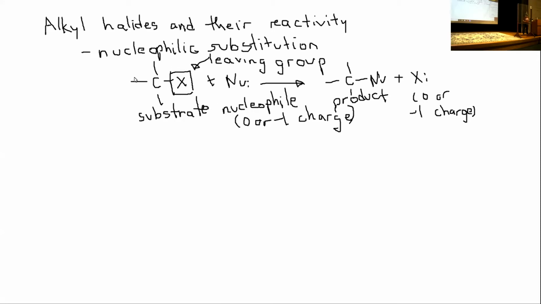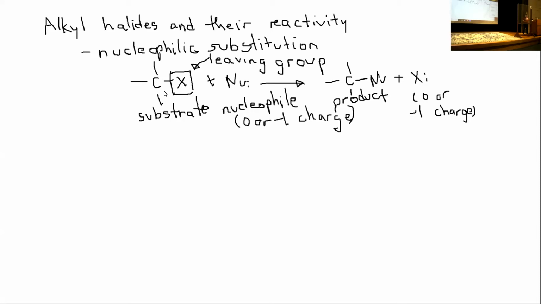So one thing that we're going to cover in this chapter, and probably the main thing, is that if you have an alkyl halide of this type, X is a halogen, fluorine, chlorine, bromine, iodine, and X can be other things too. We might run into a couple of those, but for our purposes, X is mainly going to be a halogen.